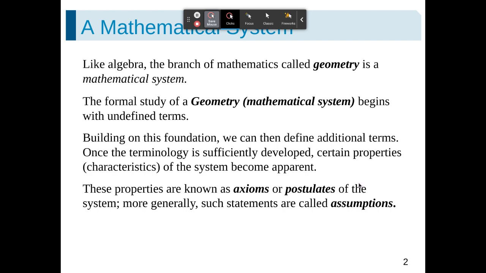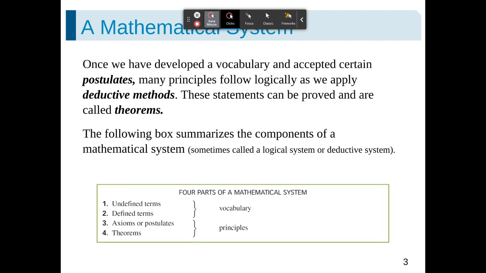So the key thing to think about is that we have a series of axioms or postulates that are already proven and already there that we can just accept and use. Once we have this vocabulary and accepted these postulates, many principles follow logically as we apply deductive reasoning.